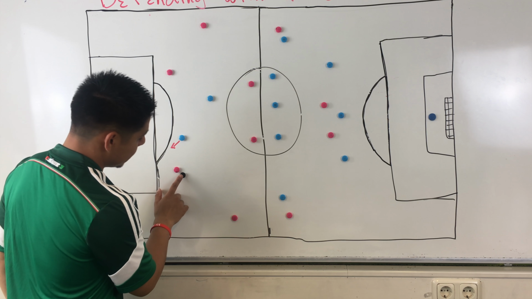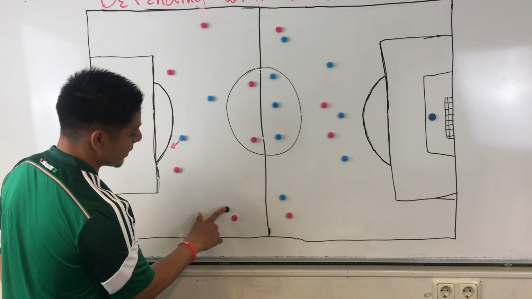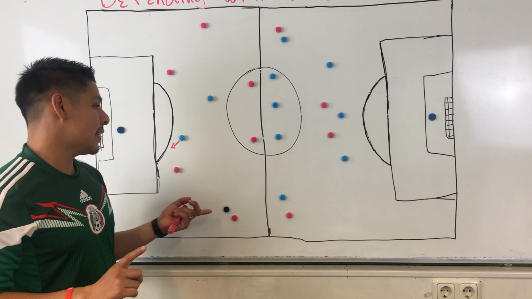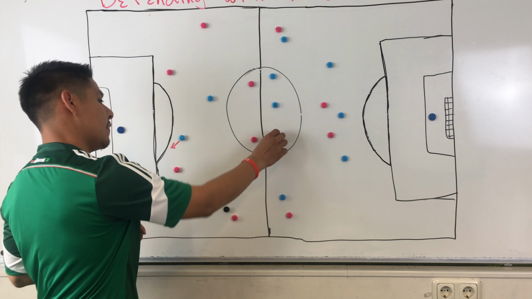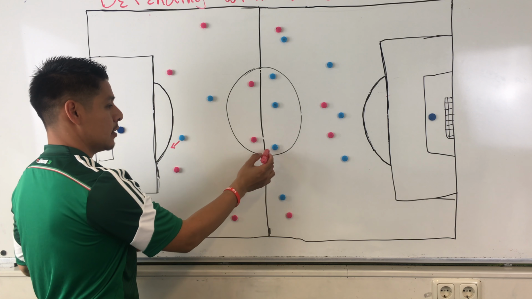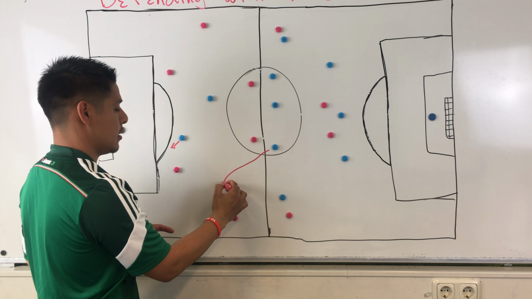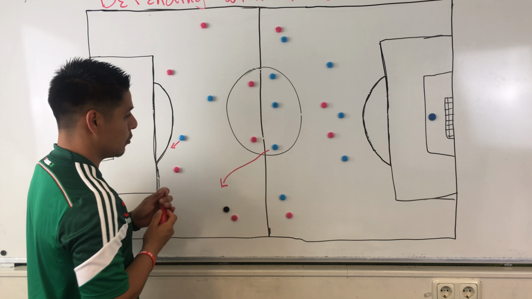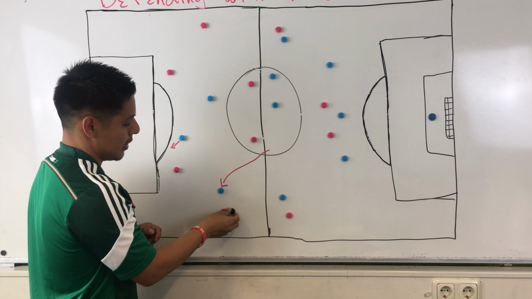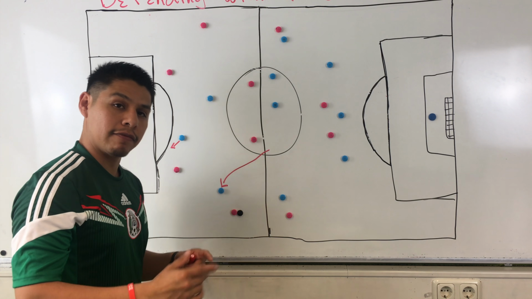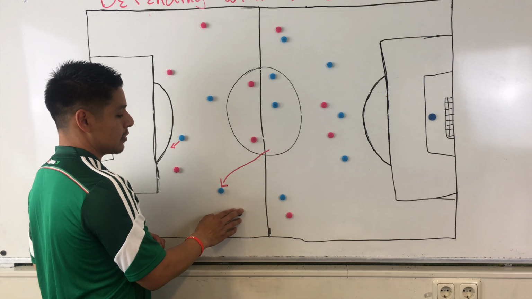When that happens, this player creates the pass. As soon as we identify that that pass is going to happen, this player creates a run to anticipate and shift the game further to the outside.